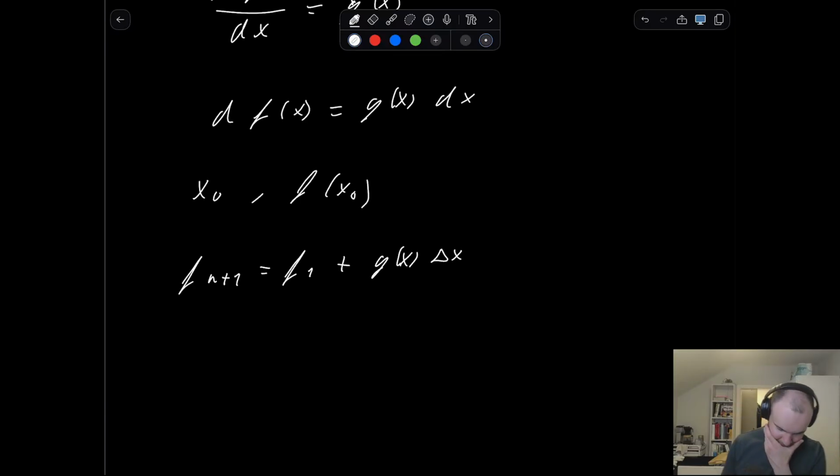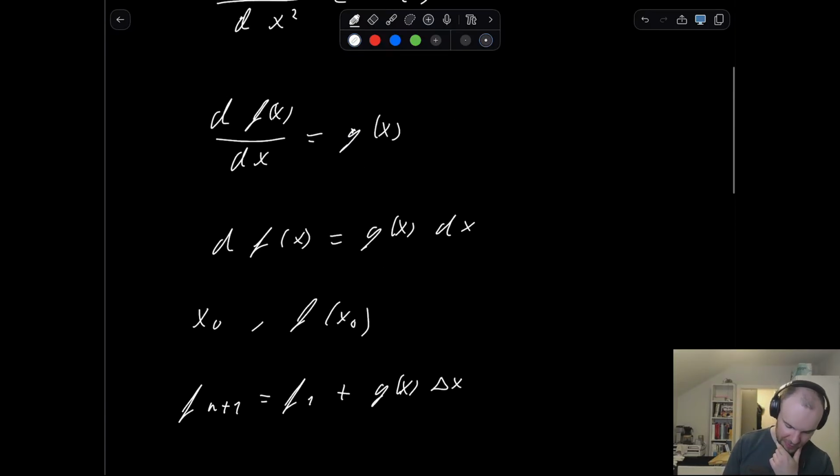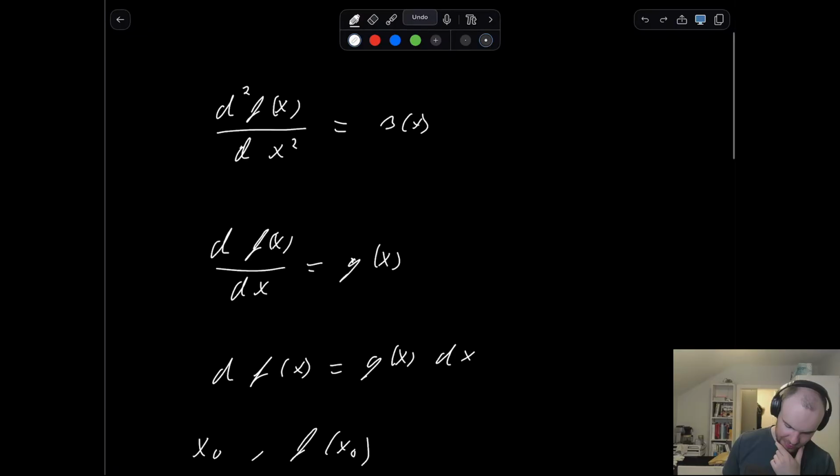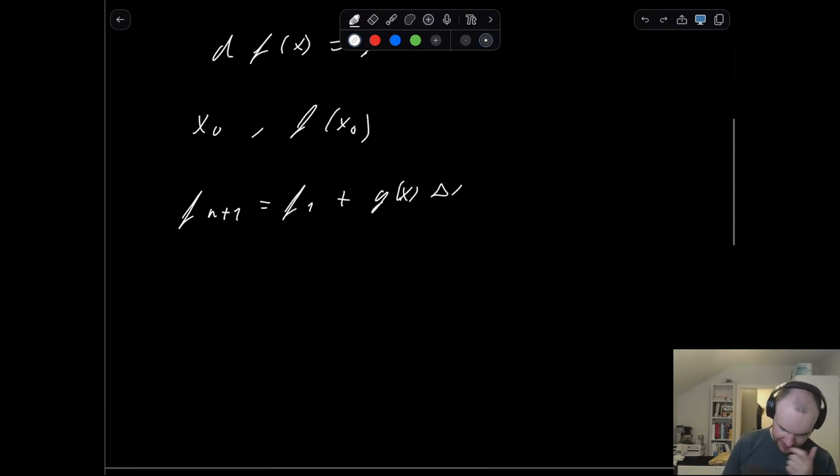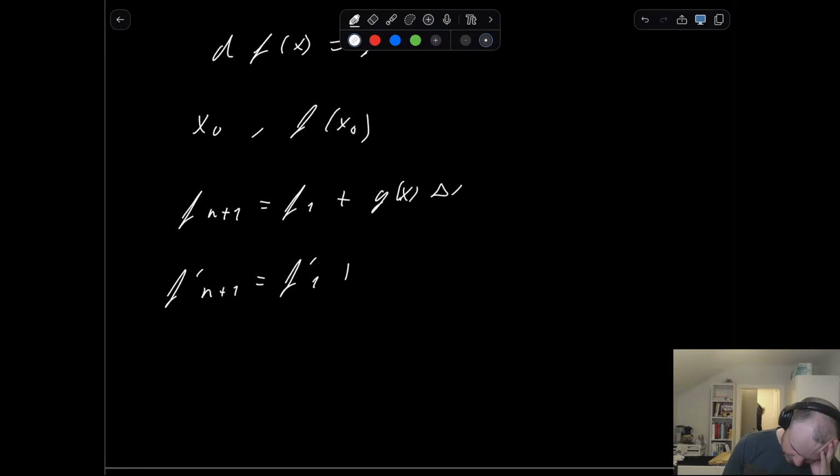We can, of course, apply that to the top equation. That works as well. So now I could state that the derivative at n plus 1 is equal to the derivative at n, plus s of x times delta x.